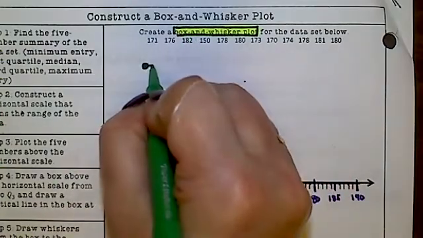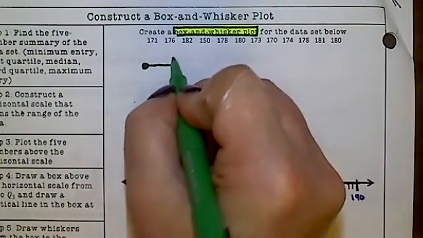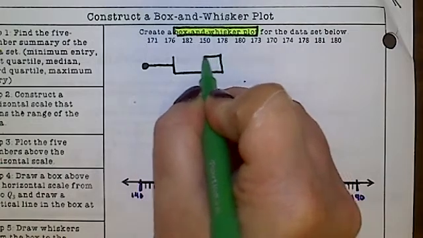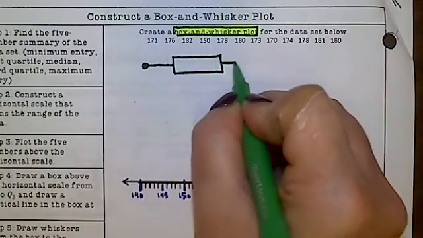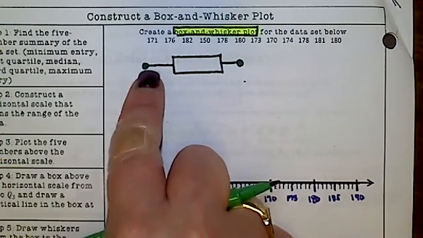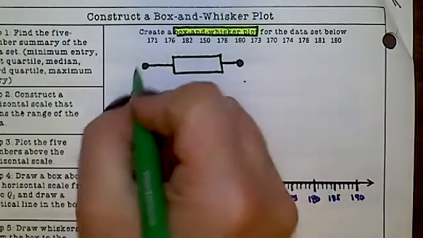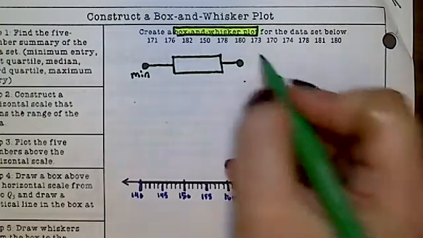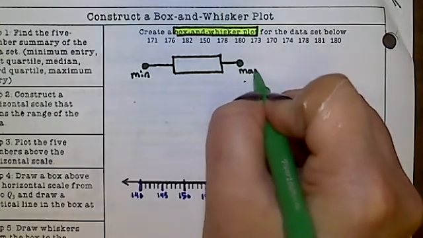You would have a whisker, then a box, and then another whisker. Sometimes the whiskers vary in length, sometimes they're exactly the same. What goes on this whisker is the minimum. What goes on this whisker is the max.